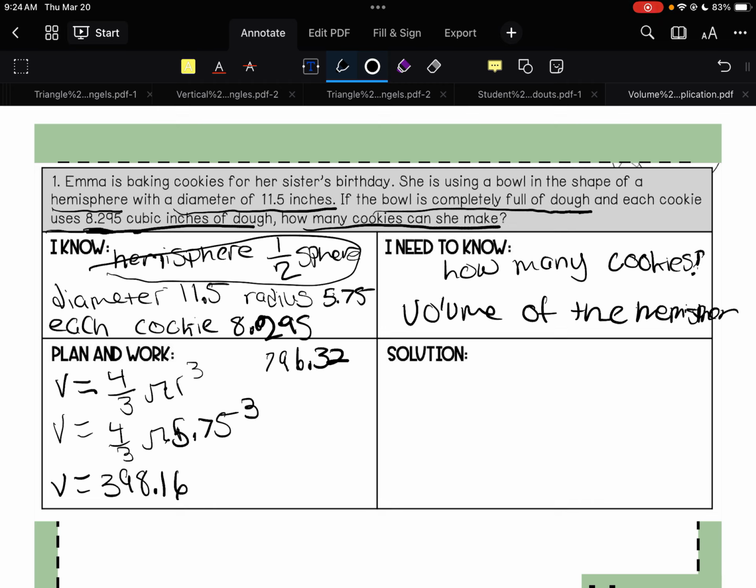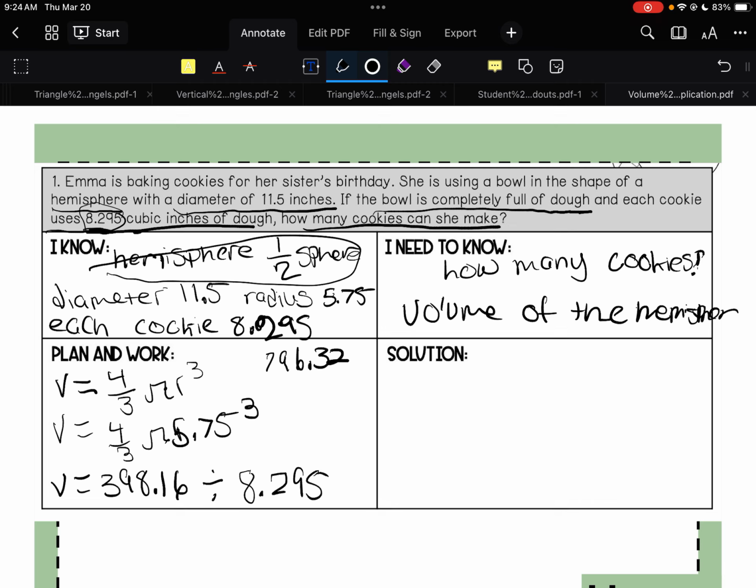Let me look at this question again. If the bowl is completely full of dough, each cookie uses 8.295 cubic inches of dough. How many cookies can you make? So if I know each cookie is this big, and I know there's this much dough, I can divide 398.16 by 8.295.